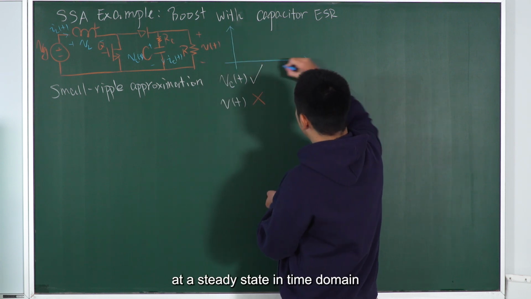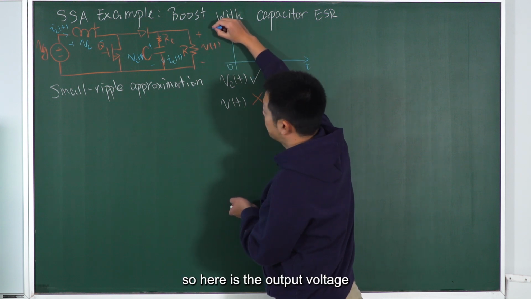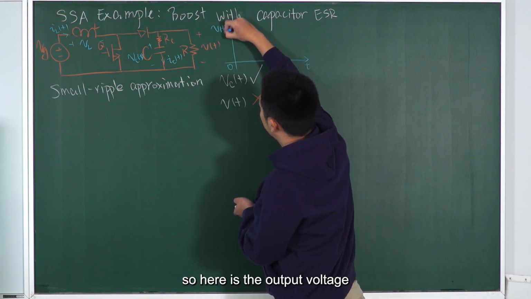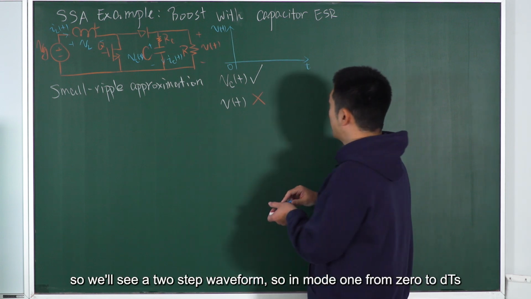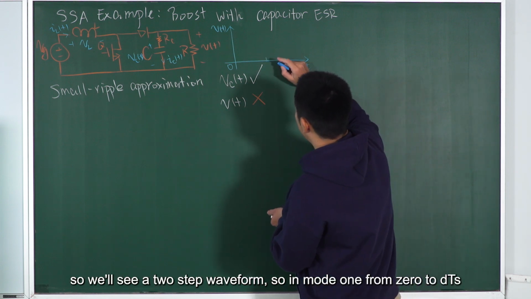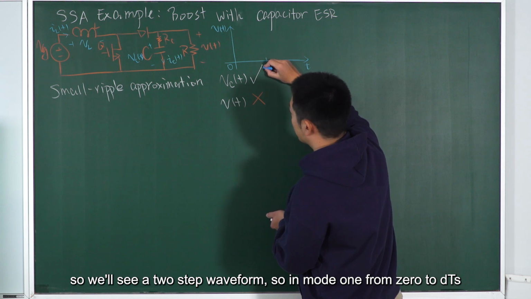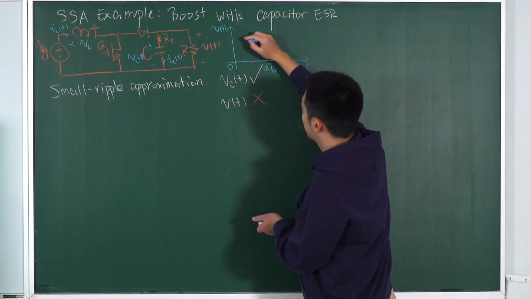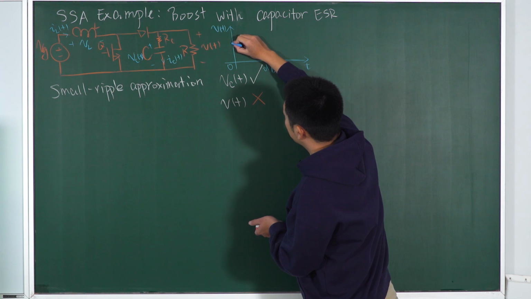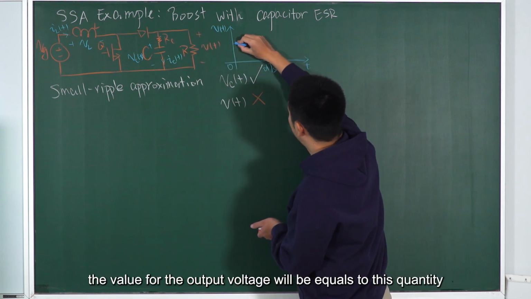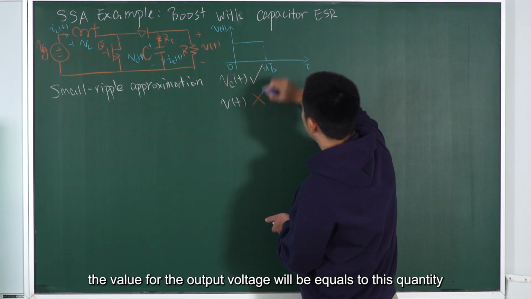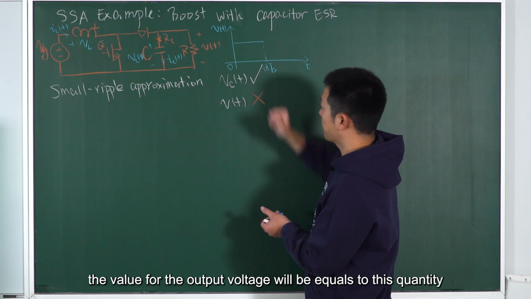Here is the output voltage, and we'll see a two-step waveform. In mode 1, from 0 to DTs, the value of the output voltage will be equal to this quantity.